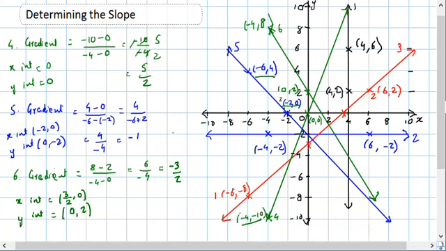For the 6th line, the green colored line, I've taken 2 points of reference, negative 4 and 8, and the other point was 0 and 2. The gradient came out to be negative 3 over 2.